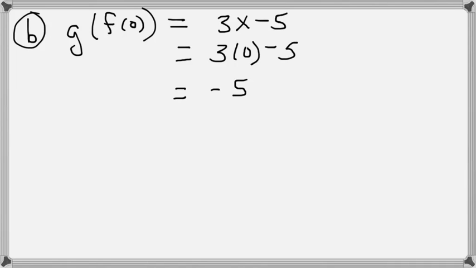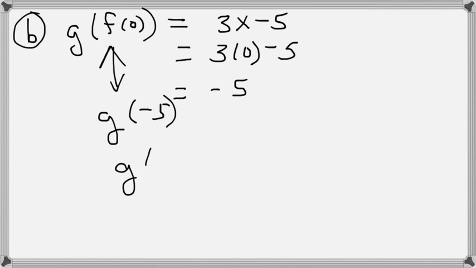So that means that g of f of 0, the value of g at negative 5, these things are the same. They're equivalent to each other. At this point we know that they are the same. So I'm going to use that negative 5 and go back and evaluate g of negative 5.